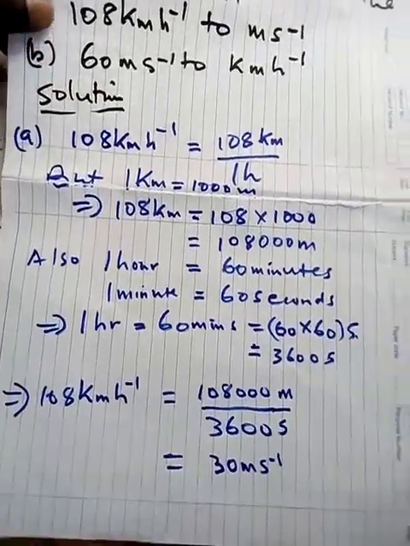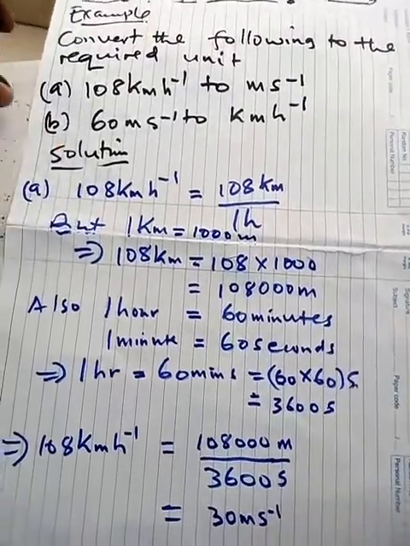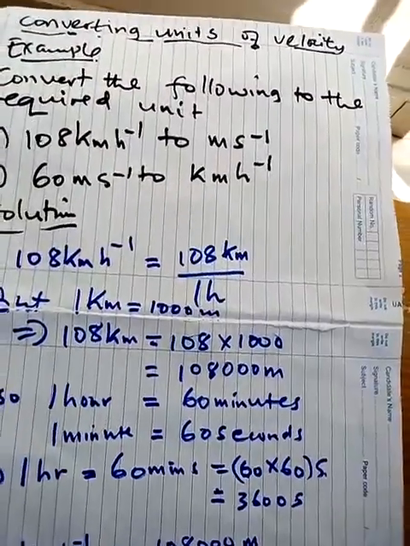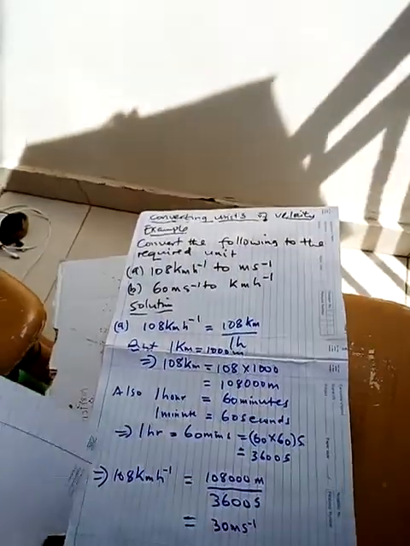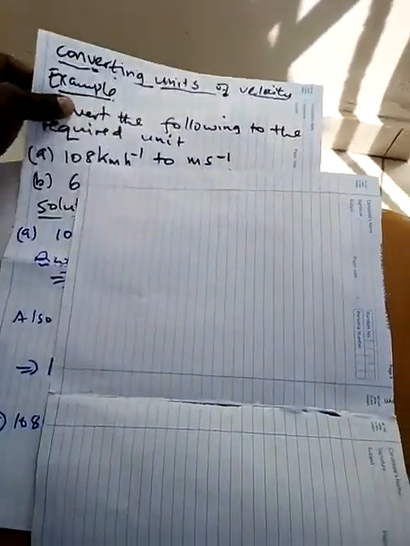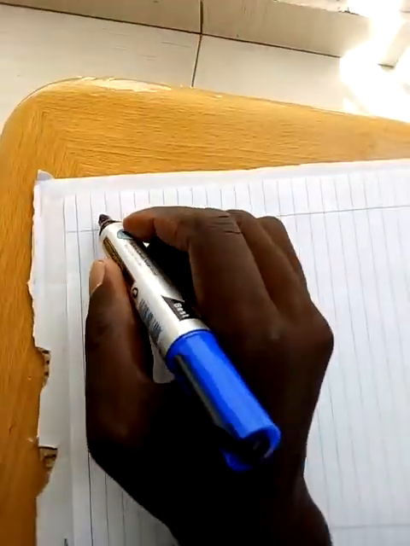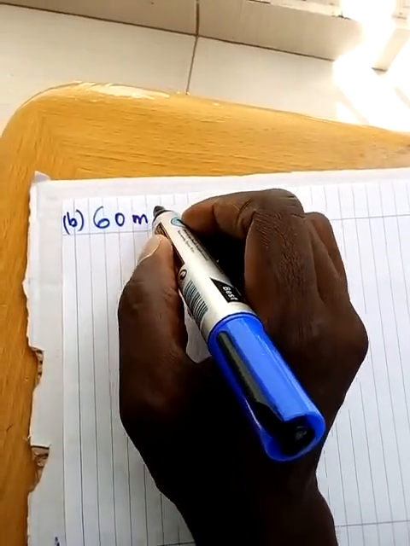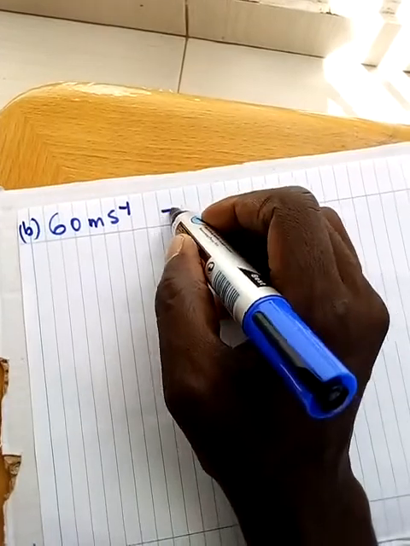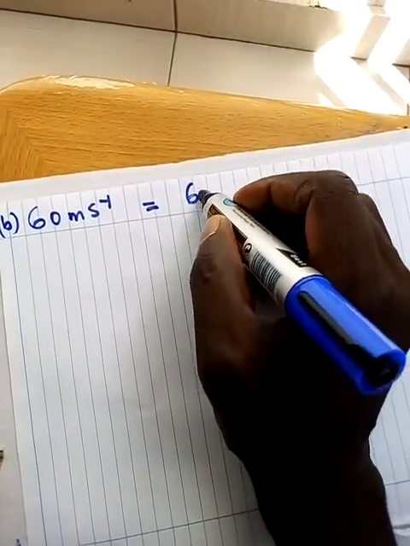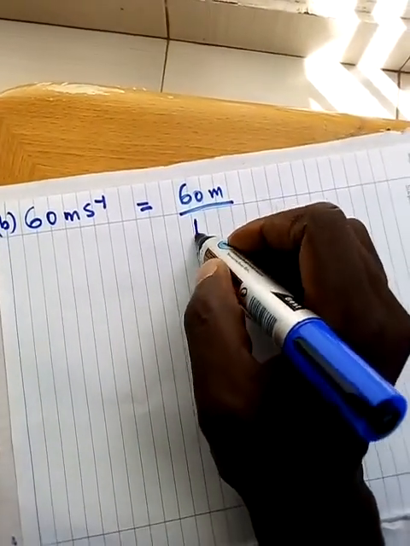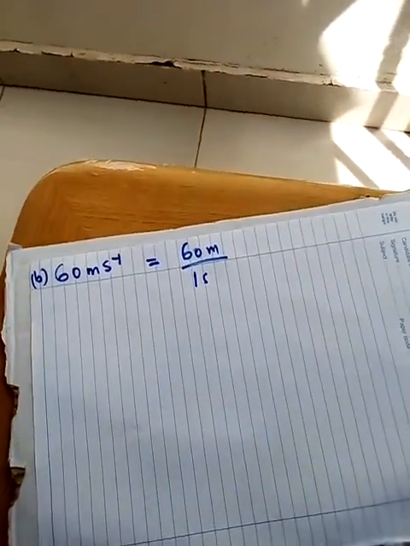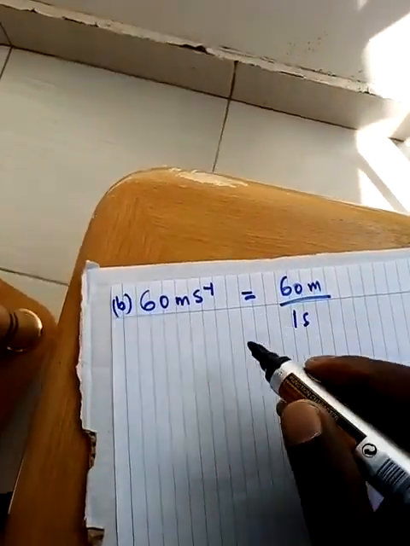So let me look at the second example, where they want us to convert from meters per second to kilometers per hour. How do we do it? It's actually the reverse process. We have 60, that is part B, 60 meters per second, which is the same as 60 meters out of 1 second. So we need to put that in terms of hours.